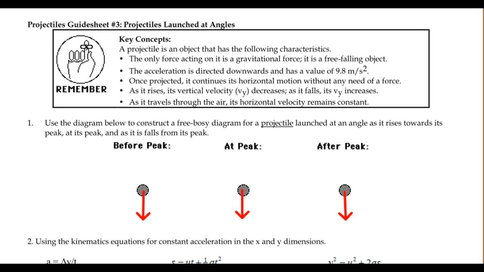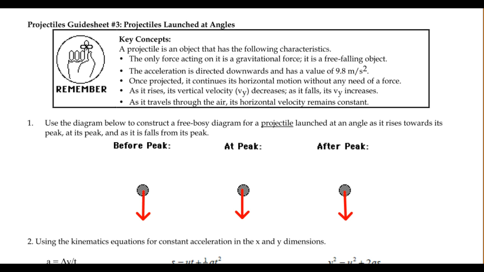But gravity doesn't shut off, so the object continues to be affected by that gravitational acceleration, and now it starts to fall. Since it's moving in the same direction that the acceleration is working, it gets faster, so its velocity increases in the y direction. Again, as it travels through the air, its horizontal velocity is constant.